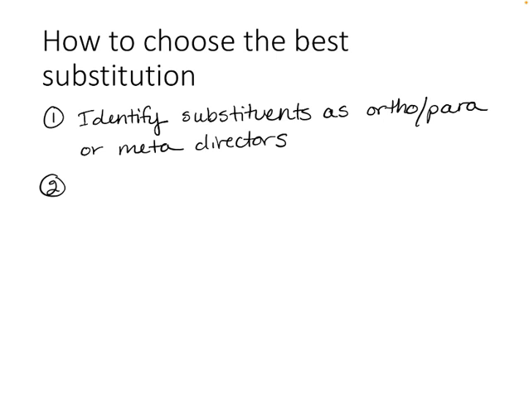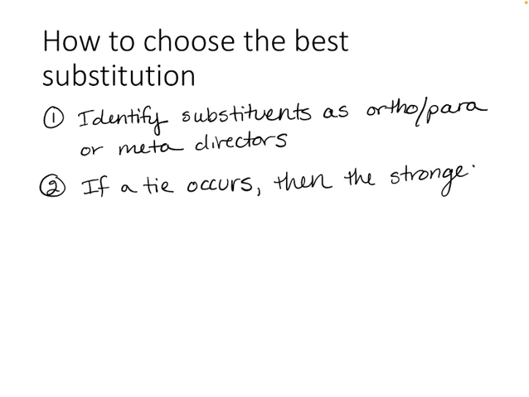So for instance, let's say you had two ortho-para directors, and you might have different positions that the substituent could end up in. You're just going to go off of the stronger activator. So remember in that chart that we saw in the last lecture, everything was ranked from strongest activator to strongest deactivator. So you can just go off of that chart.